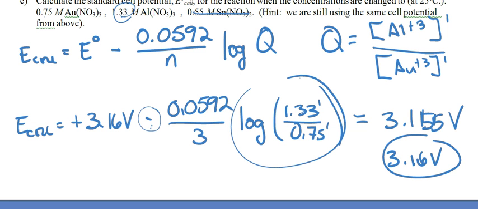So you have to know, as an AP chemistry student, that the log of some number that's greater than 1 will yield a positive value, which will cause the voltage to decrease. And if you have a value in your Q that's less than 1, taking the log of that value will now yield a negative sign, which will cause an increase in the voltage.